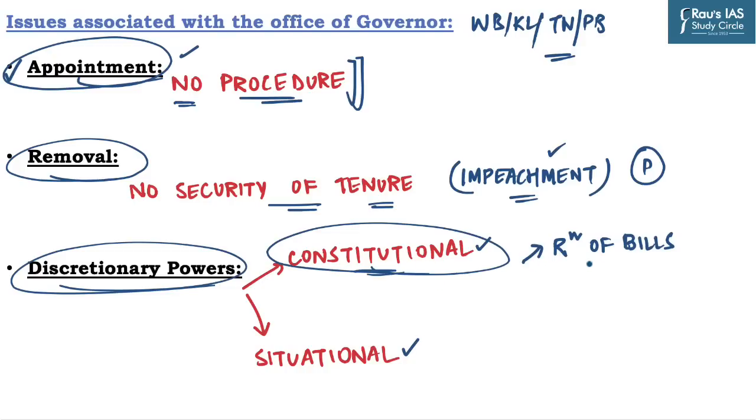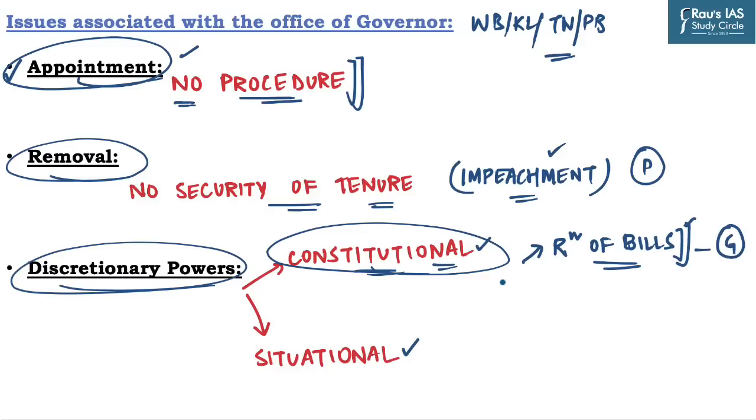Now the constitutional discretionary powers include the reservation of bills for the president. Let us assume a person is appointed as a governor in a state which is being ruled by a different political party from that of the central government. The bills passed by that particular state assembly can be reserved by the governor for the consideration of the president, which can impact the governance of that particular state.